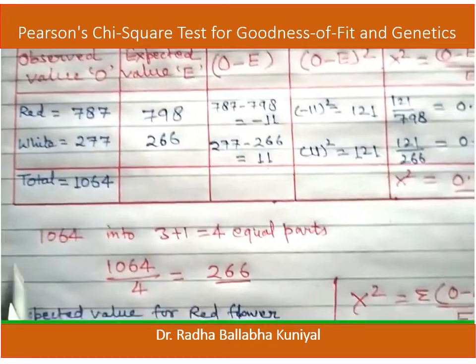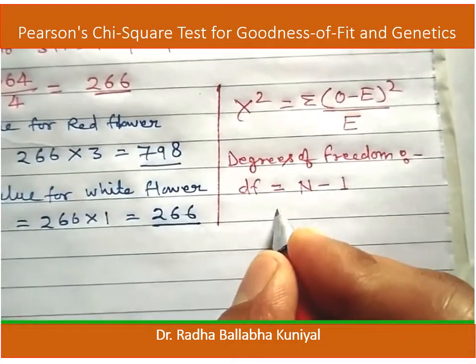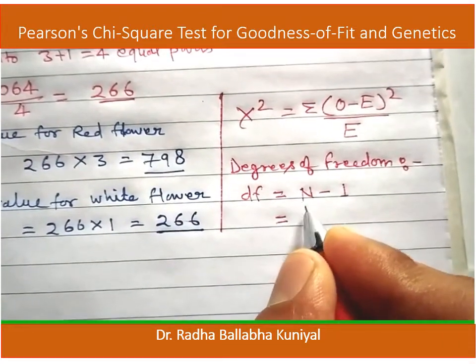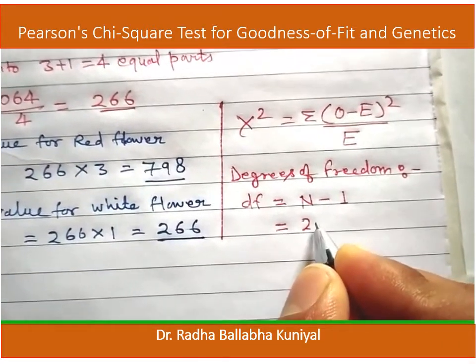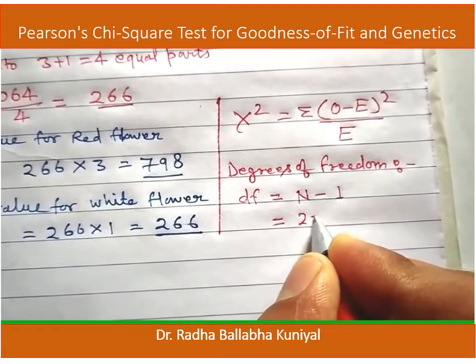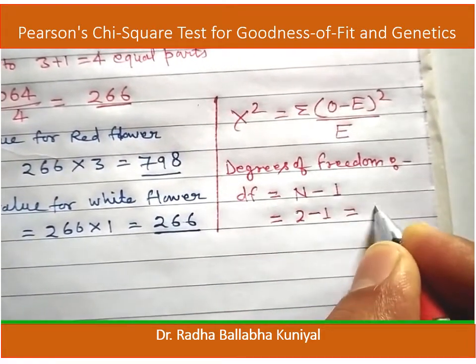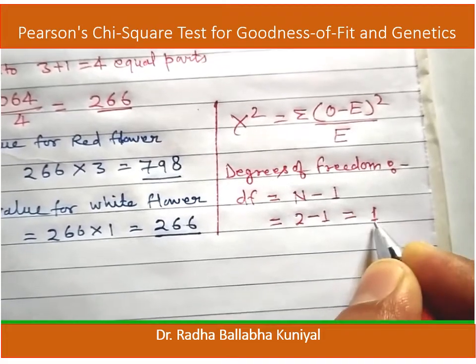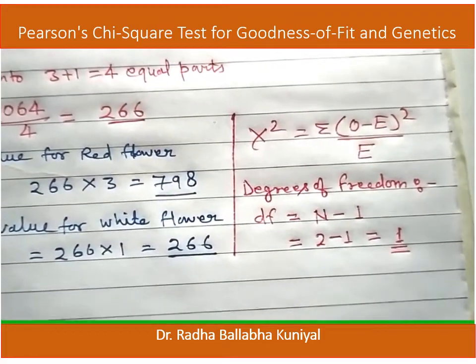So n equals 2. Now we put the value of n into this formula: 2 minus 1 gives 1. So here the degree of freedom is 1.